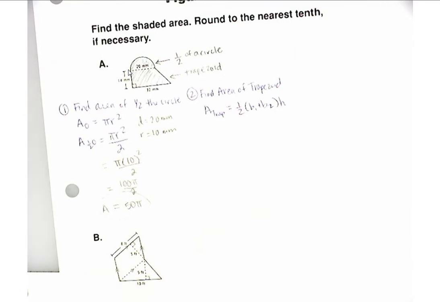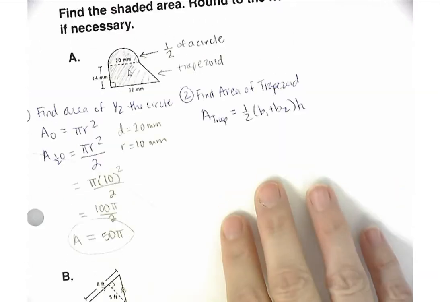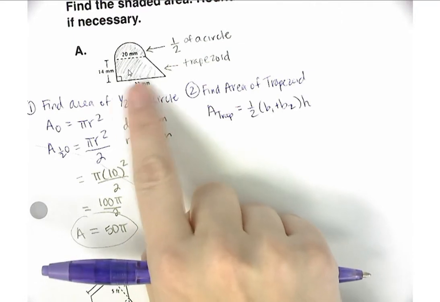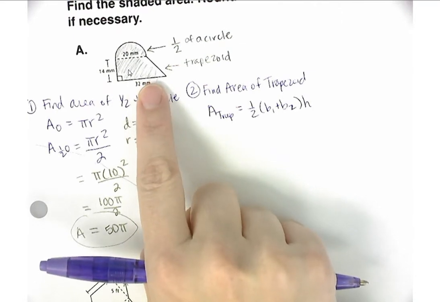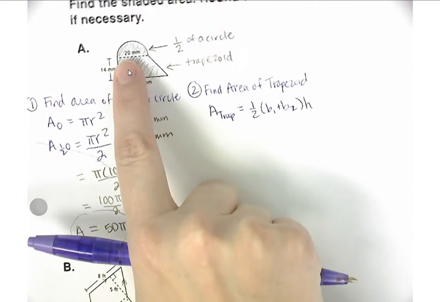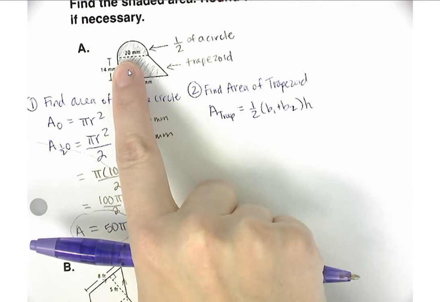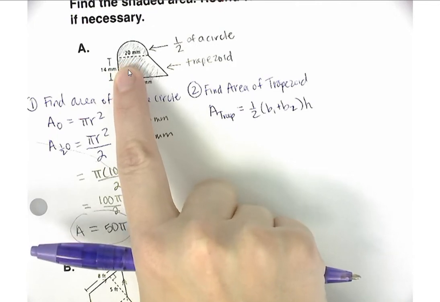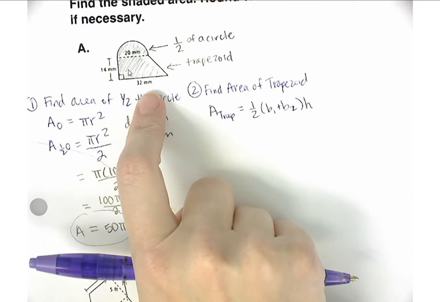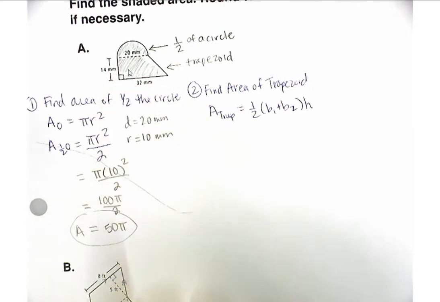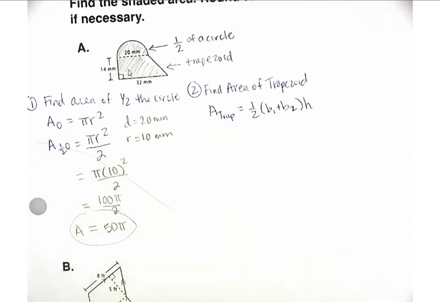Okay, so let's make sure we have all of those things. Okay, so we have base 2. Do we have base 1? Yep, it's going to be the same as what? Diameter. Yep, good. Okay, and then the height is what? 14.